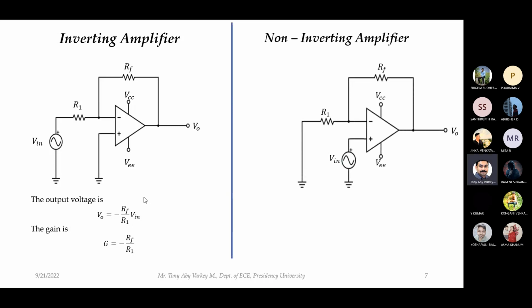Okay. So output voltage is V in of 1 plus RF by R1. V output is equal to 1 plus RF by R1 into V in. Okay. So gain will be equal to 1 plus RF by R1. Correct, 1 plus RF by R1. So this you should remember. You should remember the circuit diagram and you should remember the formulas also. Is it clear?